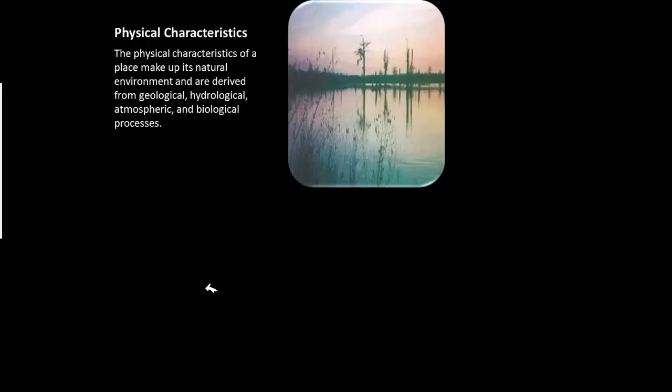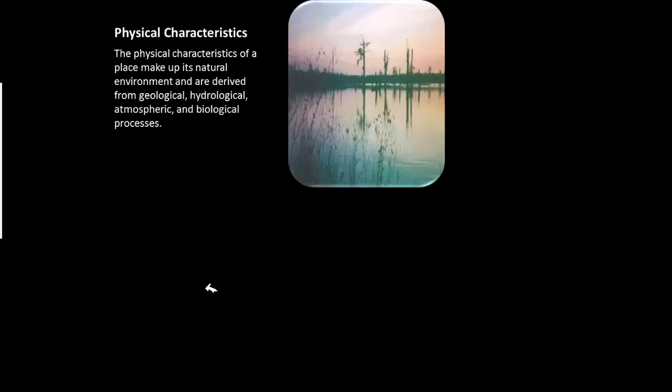So let me read it the way that it says on the notes. The physical characteristics of a place make up its natural environment and are derived from geological, hydrological, atmospheric, and biological processes. What exactly does that mean? I just hit you with a bunch of big words, right? The only thing that it means is this.